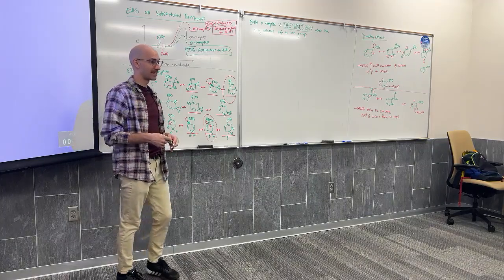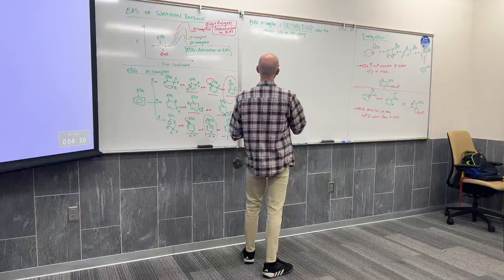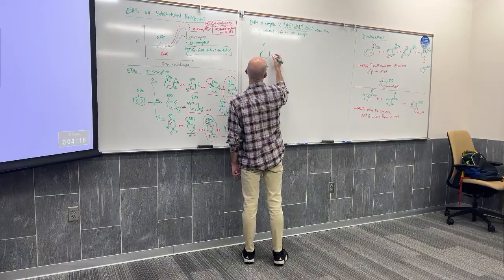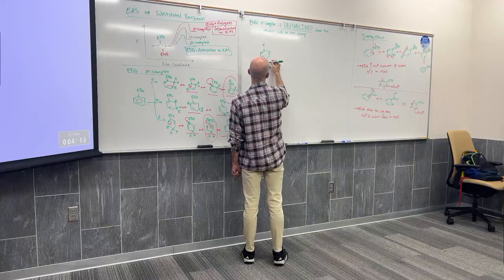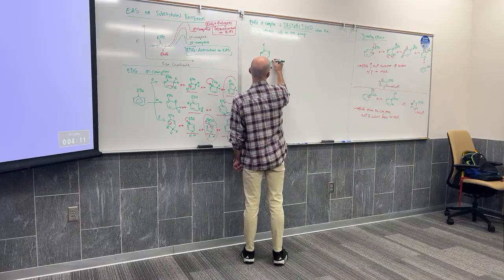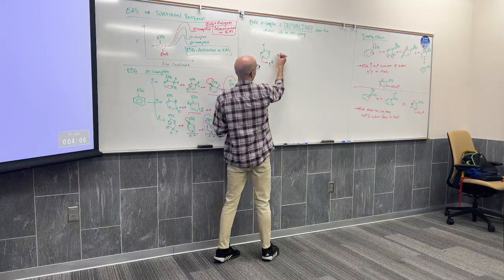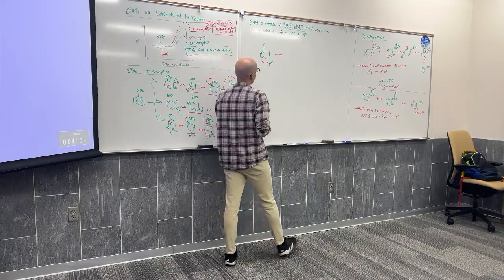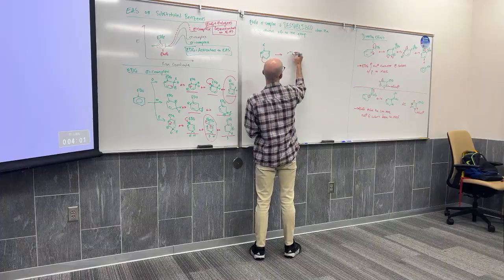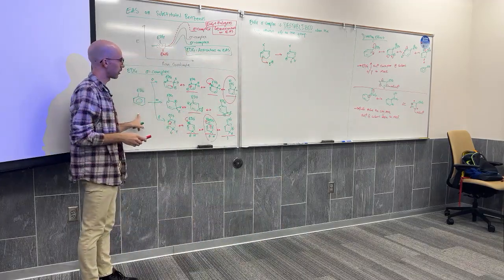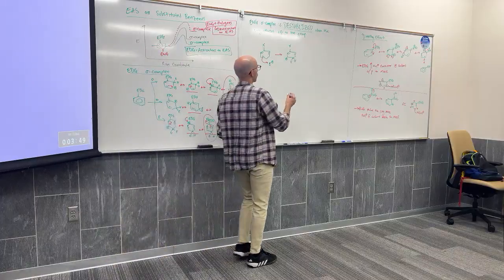Now, halogens. When halogens attack ortho or para to itself, we get a similar set of resonance structures that we saw in the electron donating groups.